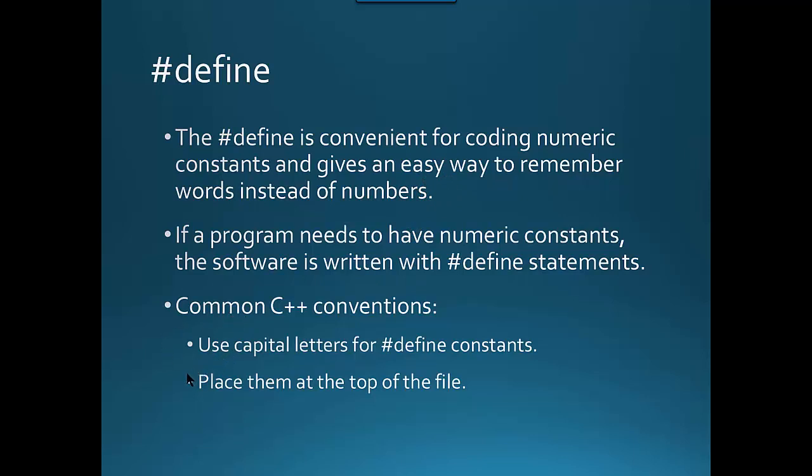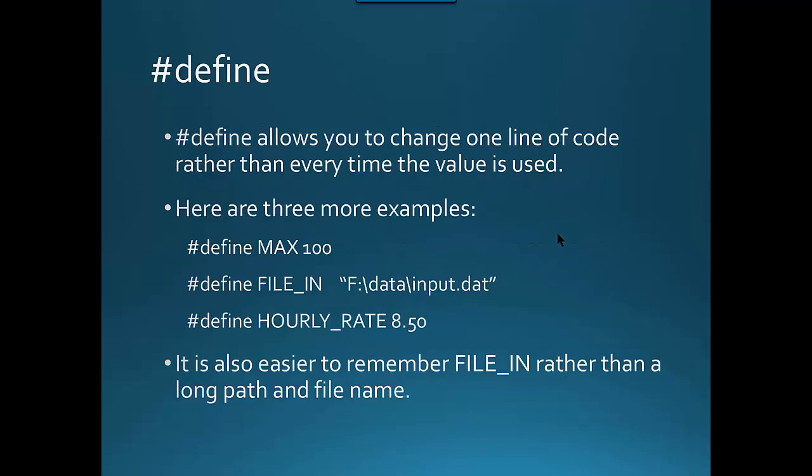By convention, we normally make the identifiers for our define statements all caps, and we place them at the top of the file. And the other advantage, of course, is that define allows you to change one line of code rather than every time that value is used.